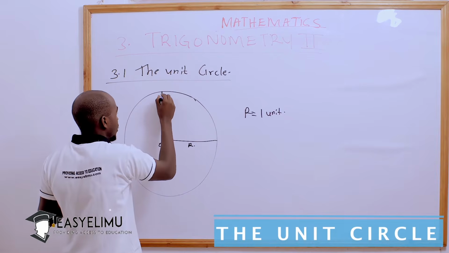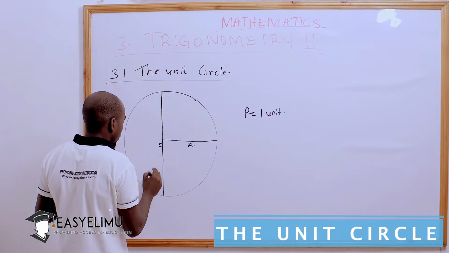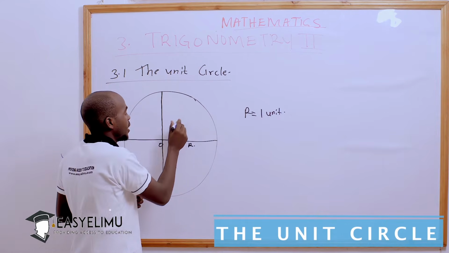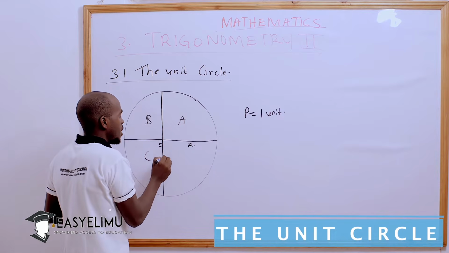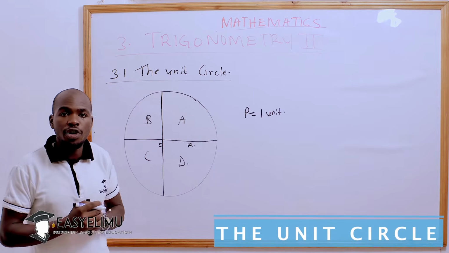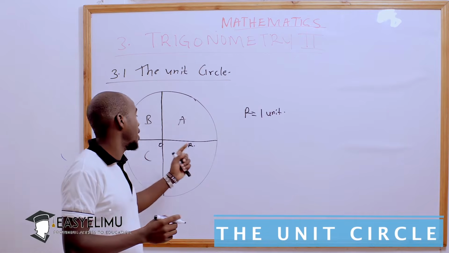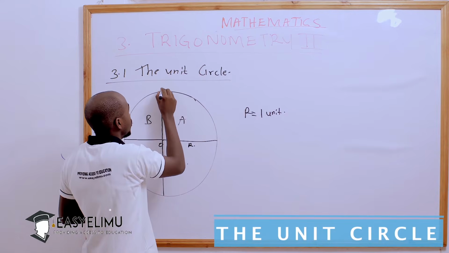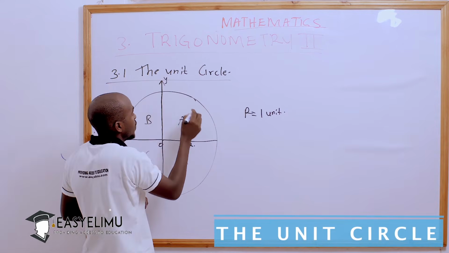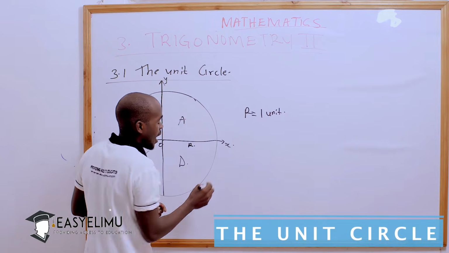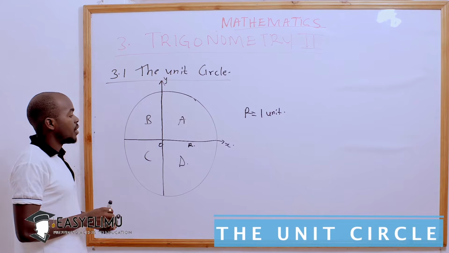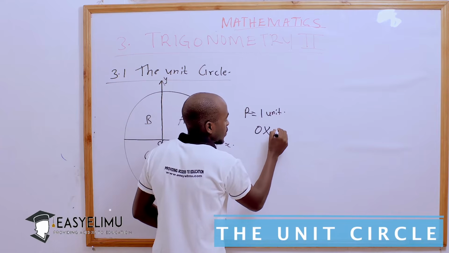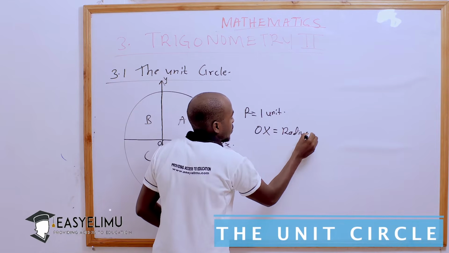If we divide it into 4 equal portions, we are going to have 4 equal parts as part A, B, C, and D. If this were drawn on a Cartesian plane, with this one as Y and this one as the X axis, then from point O, OX is our radius.